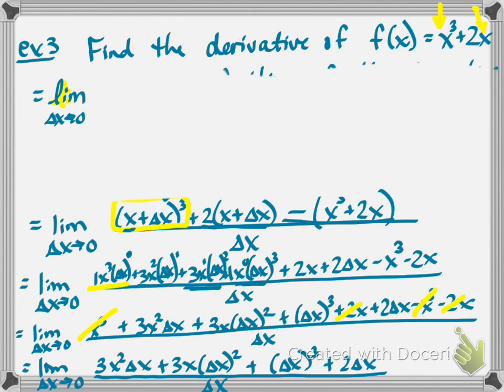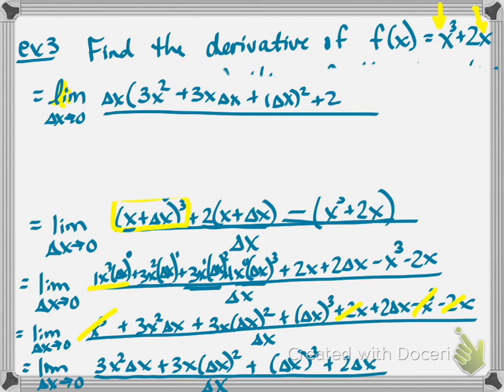I'll factor out a delta x in the numerator just in case you don't like the dividing out thing. Did I do that right? And now I can divide out the delta x's.